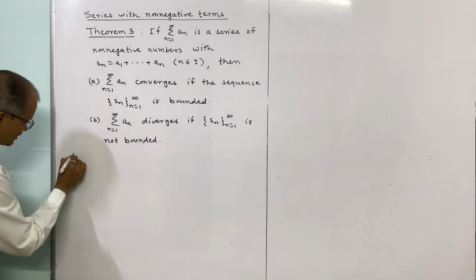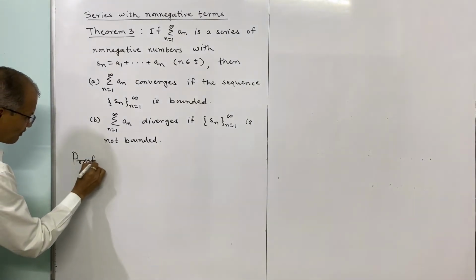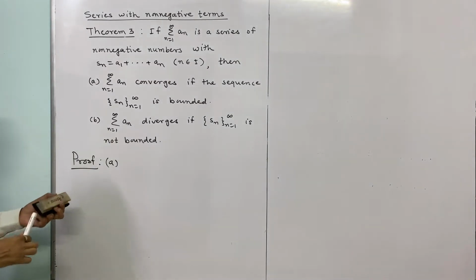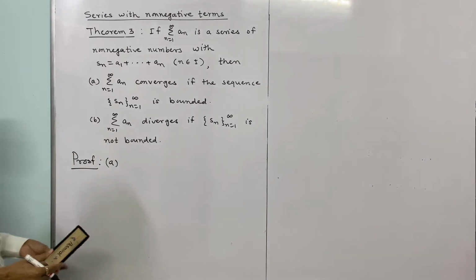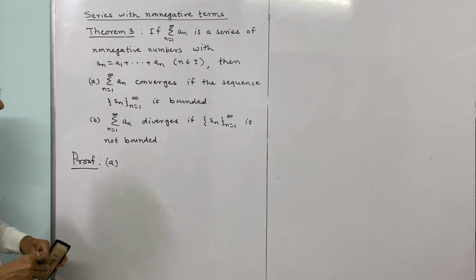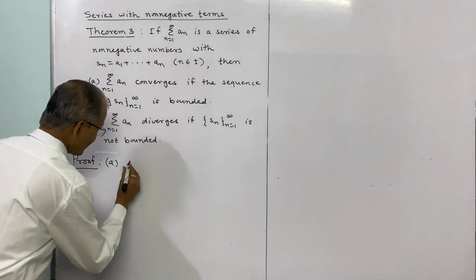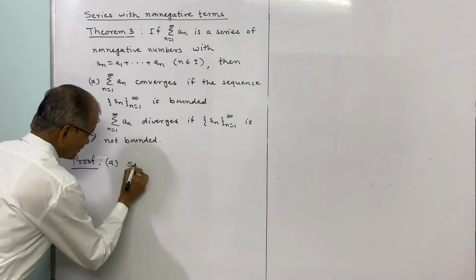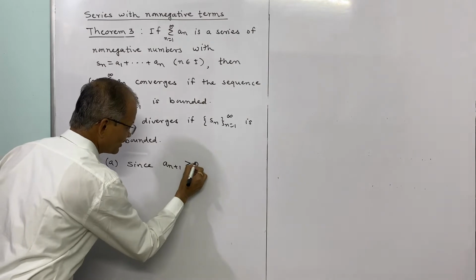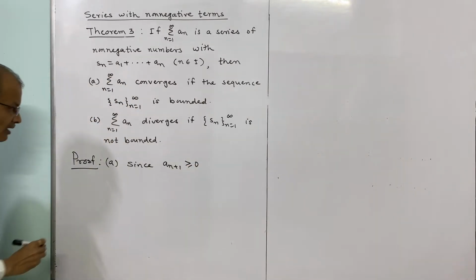We now consider the proof for part A first. Because the series is of non-negative terms, each term of the series is non-negative, so a(n+1) is greater than or equal to 0.